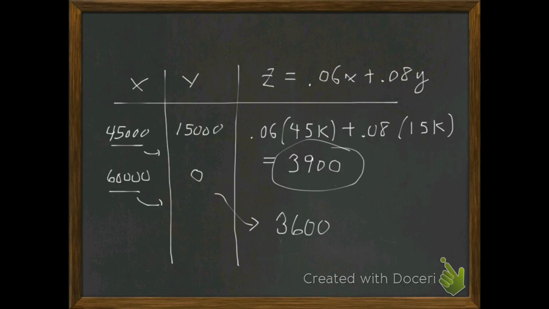So guys, the best return we're going to get is at the 3,900. And that's going to be 45,000 in the first investment and 15,000 in the other. So guys, we've finally got our information to where we can go answer our problems.